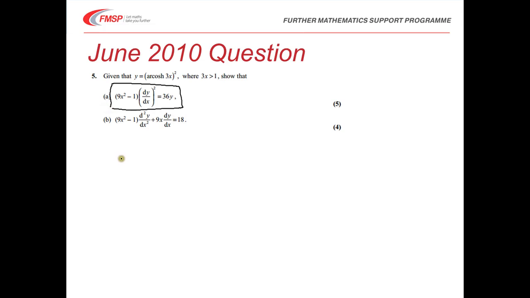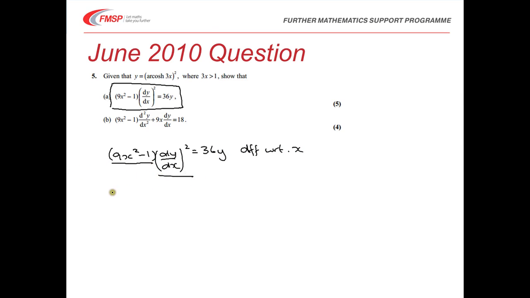So what I'm going to do is take the answer to part A, write that out again here, and differentiate it with respect to x, so left hand side and right hand side. Now the left hand side I'm going to treat as being a product of this function and this function here, dy by dx squared.